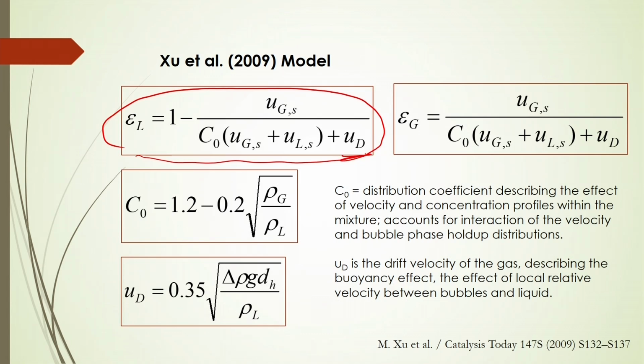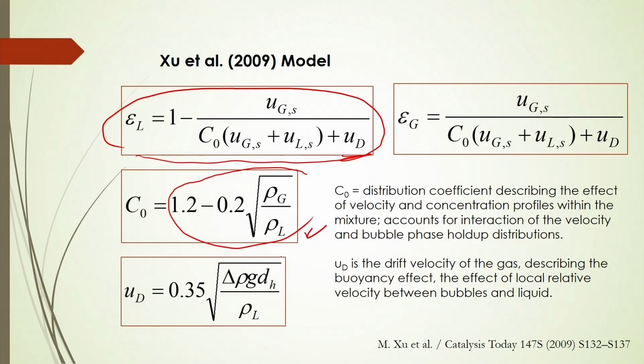This is called the drift velocity of the gas, which describes the buoyancy effect, and it is also the effect of the local relative velocity between bubbles and liquid. So, C_0 and U_D depend on the fluid properties as well as the geometry of the channel. Now, C_0, the distribution coefficient, mainly depends on the ratio of gas and liquid density, and you can calculate it from this equation.